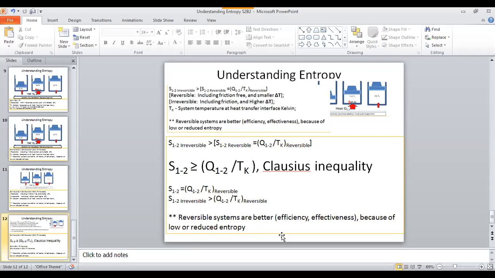We have realized this, and you should have a better understanding and some good memory on Clausius inequality. So wherever the heat transfer aspects are considered in the system designs, now you know how to control the irreversibilities and to make the systems better.